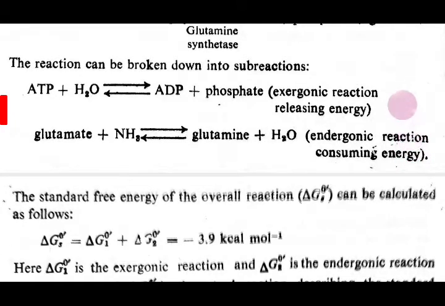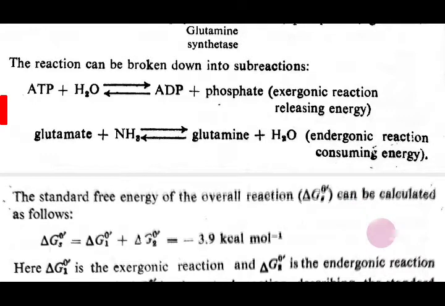The first reaction is exergonic, releasing energy, and the second is endergonic, or energy consuming. That is, hydrolysis of ATP giving ADP plus phosphate, and glutamate plus ammonia forming glutamine plus water in the forward direction, and in the backward direction it is hydrolysis of glutamine to give glutamate plus ammonia.